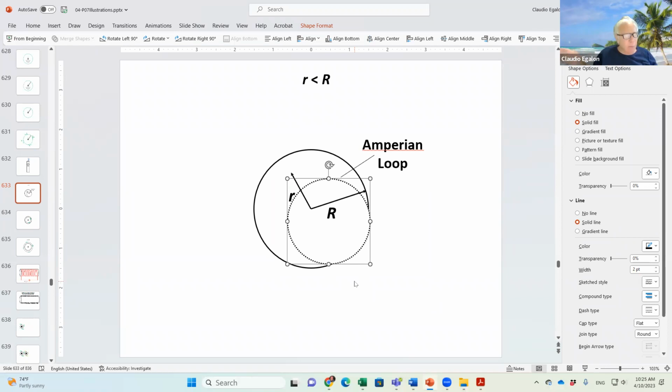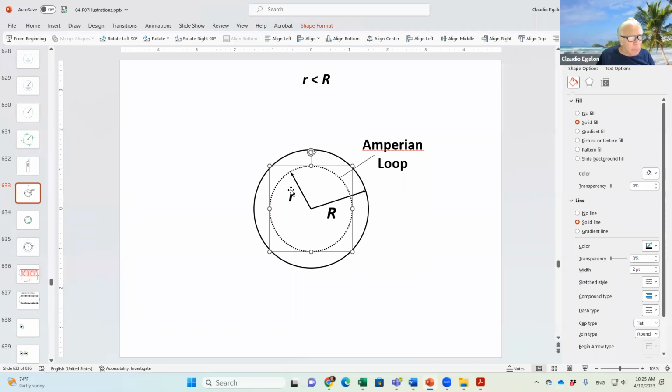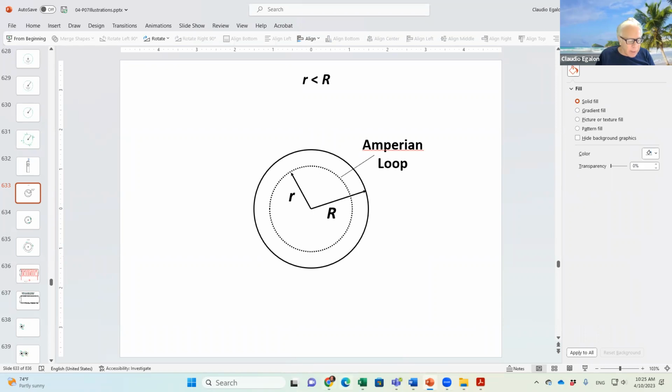You couldn't solve the problem for this specific loop. But if you center the curve at the center of the wire, then now you do have geometrical symmetry, and you can solve the problem. But now the key here is to find out how much current you have right in here in this area. There's a little trick for this one.